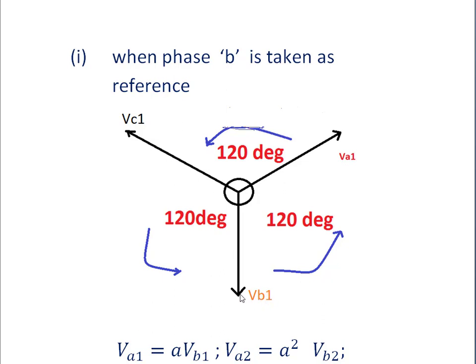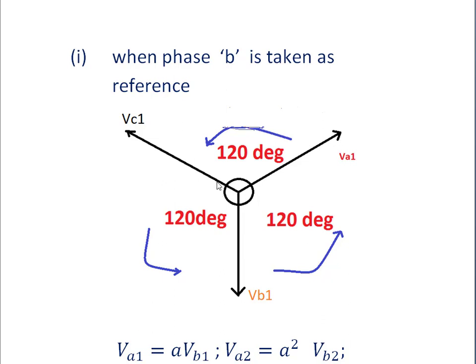So to express VA1 in terms of VB1, VB1 should reach this VA1 position after moving by 120 degrees. That is, this should be multiplied with A. That is, A into VB1 is equal to VA1.